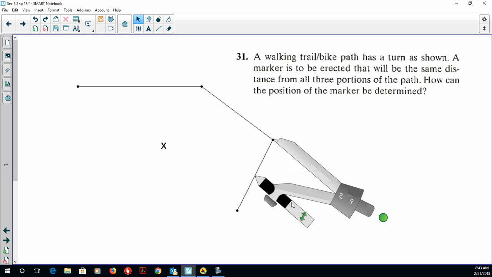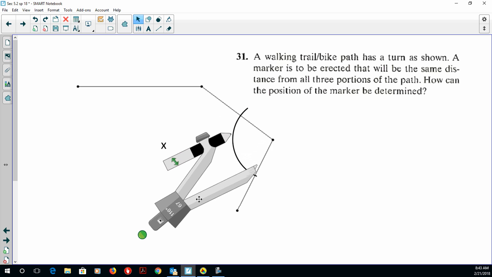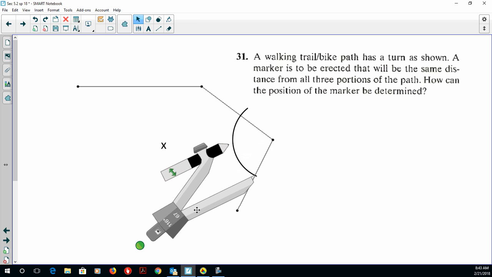Okay, now let's draw one of these, and I'm going to do the angle bisector where the pointy end is. And now let's just draw a circle where it intersects both sides. Now, you don't have to change the compass any. Put the pointy end down where the curve intersects one of those sides and draw some. Okay. Now take your pointy end and put it down over here.